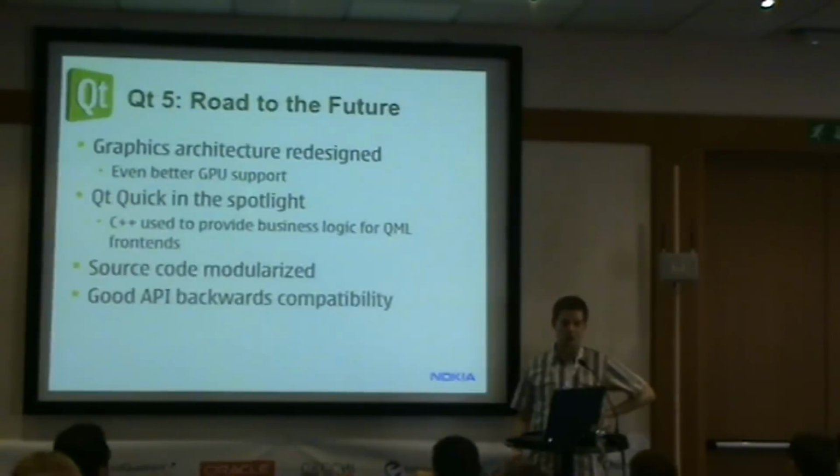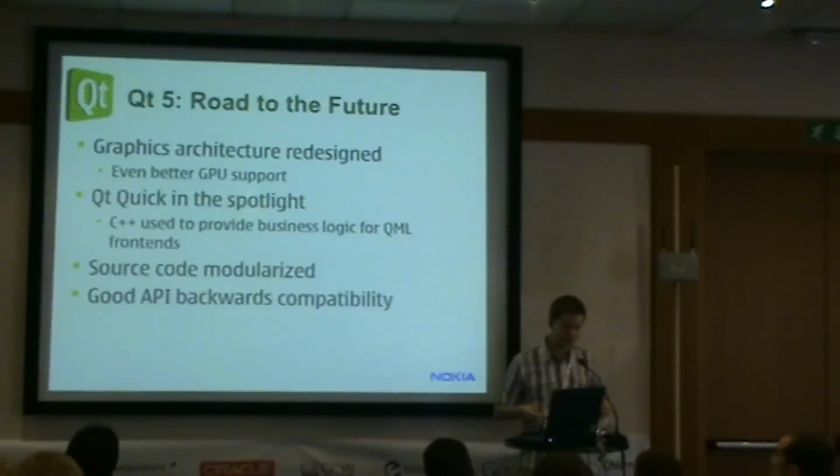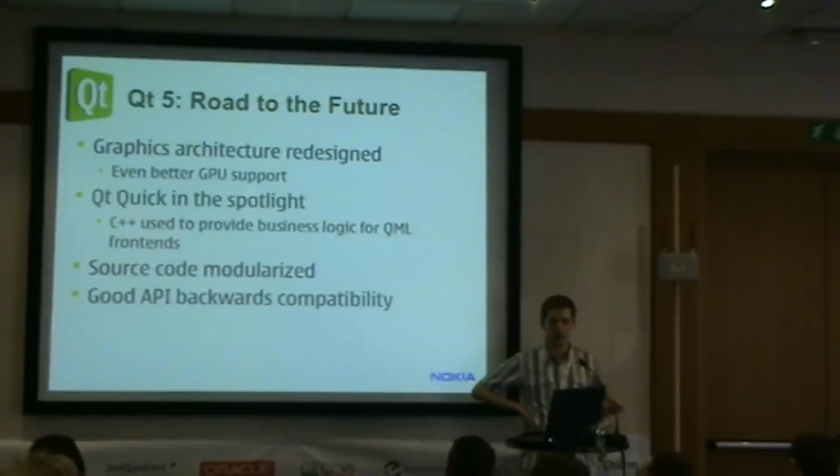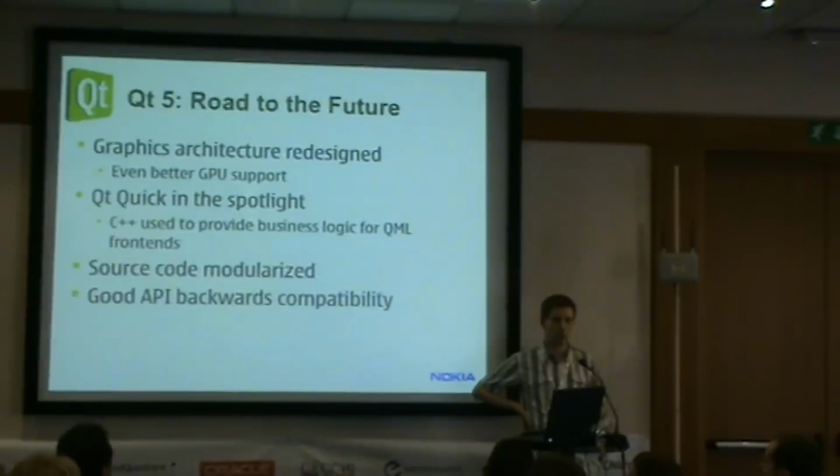And Qt Quick will be pushed very hard into the spotlight, so the prime mode or the recommended mode of operation will be, instead of using the Qt widgets, to define the user interface using the QML declaration language, and then do the business logic with C++ or in Python, for the background. And there are some internal changes, like the source code will be modularized, so that the internal development of Qt will be easier, and so on.